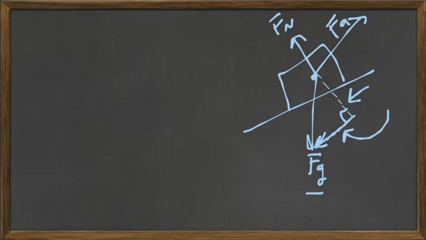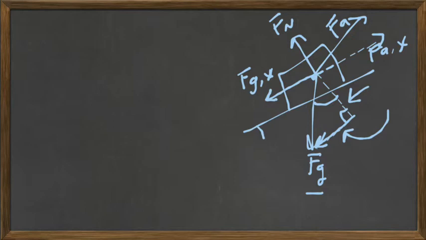So when I am looking at forces acting on my box, I do have a force that is pulling him up the incline, the x component of the applied force. But I can't forget I do have a piece of the weight that's also acting in the x direction, along the incline. Now that particular force, since it is opposite the known angle, I would find using the sine function.